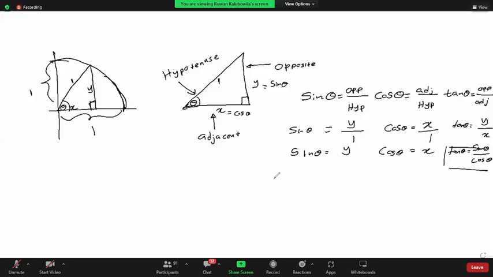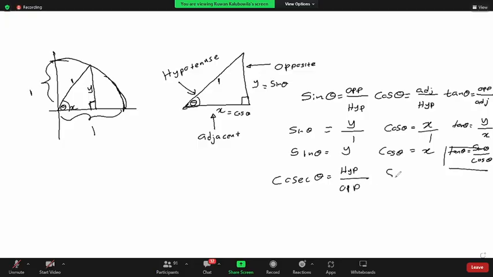That means cosec theta, which is the inverse of sine, hypotenuse over opposite.